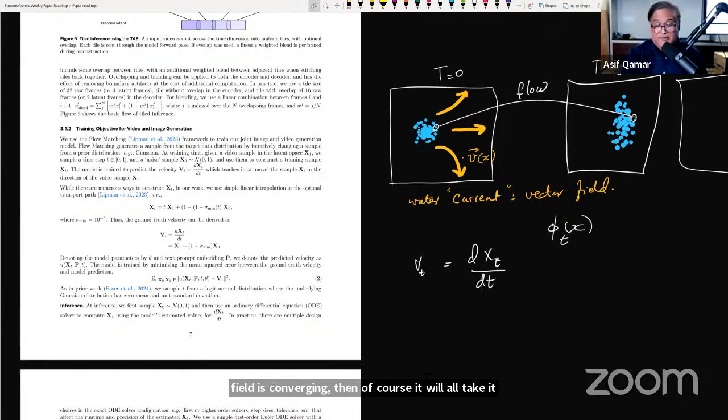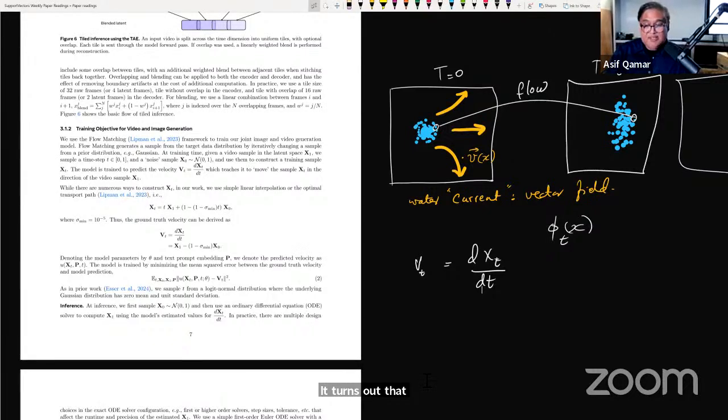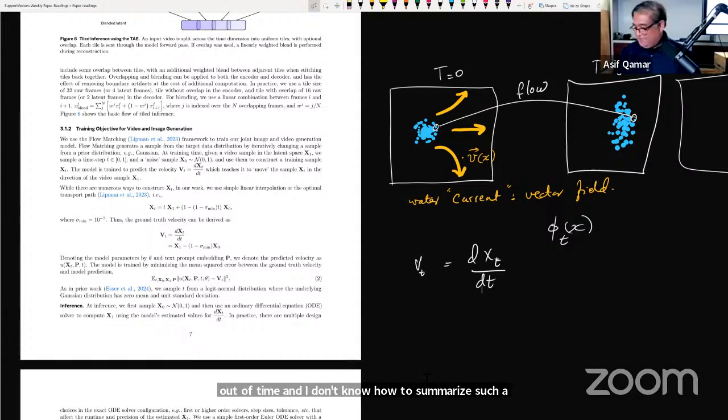Now, why is this relevant in this paper? It turns out that there is a whole way of looking at images. I'll give you the basic intuition because we have run out of time and I don't know how to summarize such a big, beautiful piece of mathematics in a few minutes, so I'll do it through intuition.